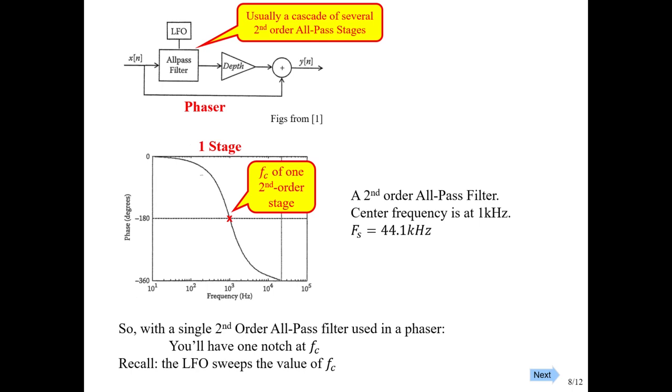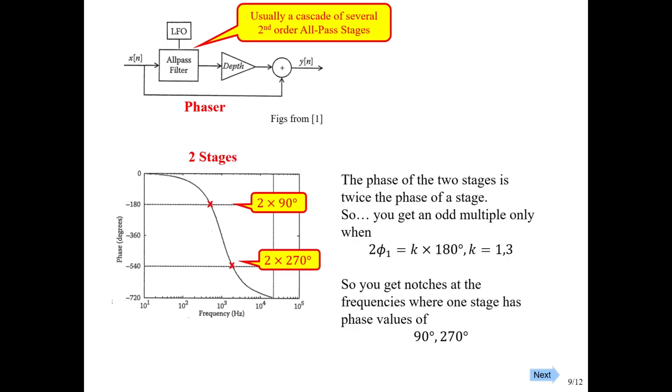So for this one stage of second order all pass, there's only one place where we hit an odd multiple of 180 degrees. That's negative, but that doesn't matter. So we're going to get just one notch, and it will happen at FC. Now, as the LFO changes this, that frequency where we have the one notch will sweep back and forth.